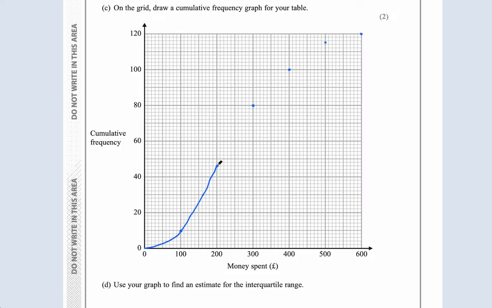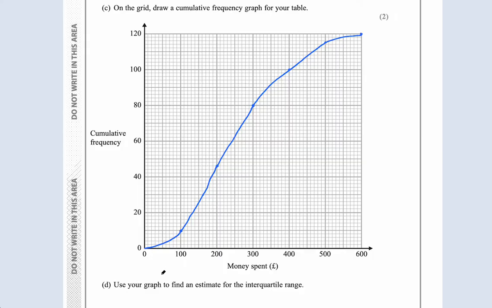Make sure you go through all the points, and it should look like a nice curve. It shouldn't be just straight lines. Okay, that's not too bad, but it's not perfect. Anyway, let's see what the results come out like.